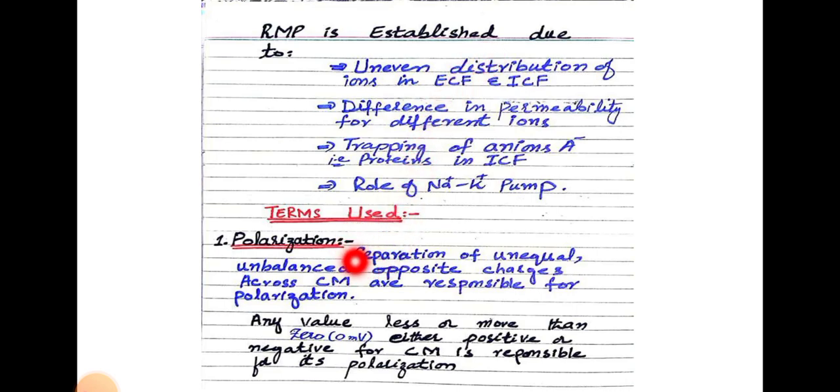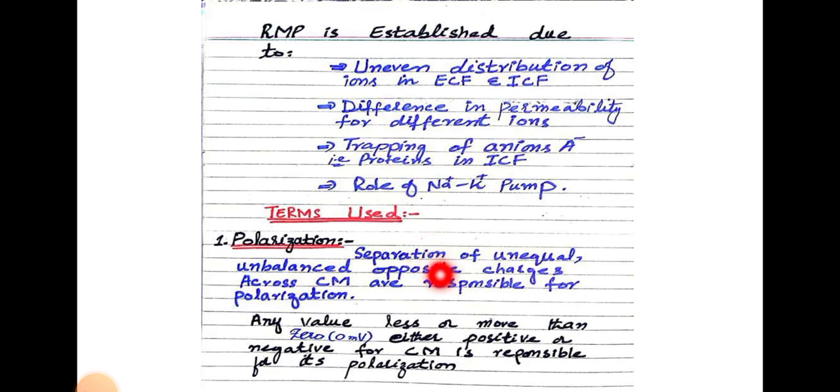There are still some other definitions, like polarization. Polarization means separation of unequal opposite charges. If a cell membrane has 0 millivolts, it means it is not polarized. Fortunately, scientists have found long axons that can be seen with the naked eye, and they have isolated them from mollusks like squids.